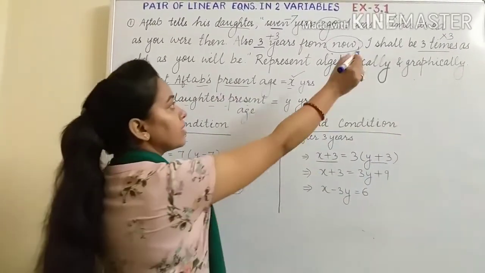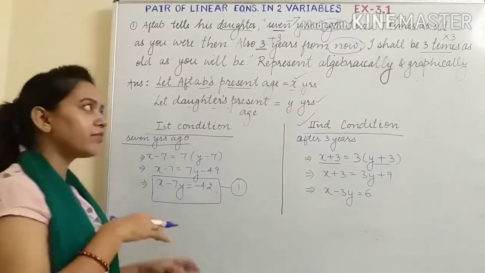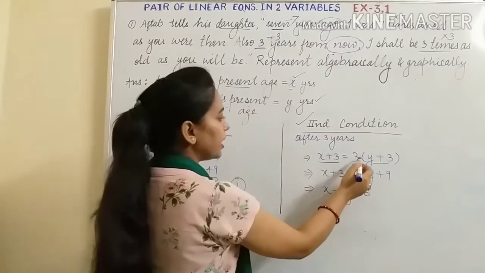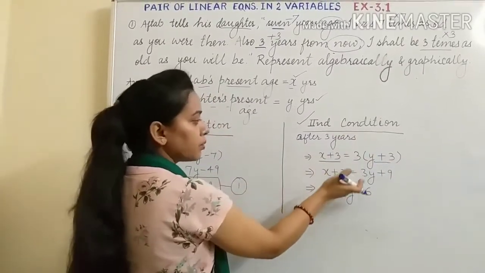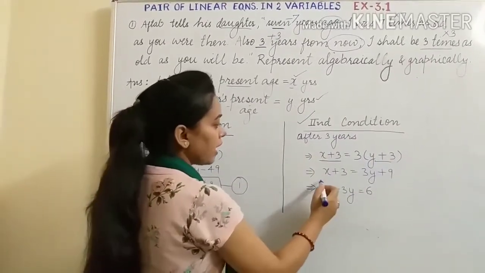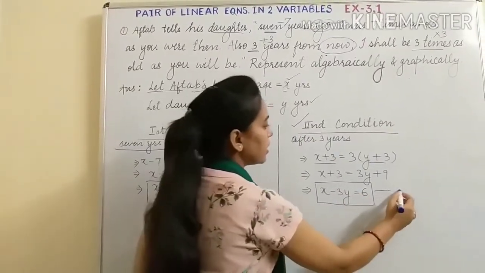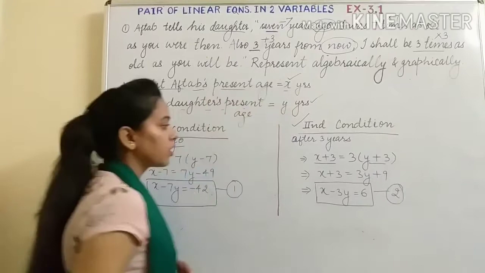In the future he will be 3 times his daughter's age. Therefore, x plus 3 equals 3 times (y plus 3). With simple calculations, we arrive at the final equation, x minus 3y equals 6. This is our second equation.